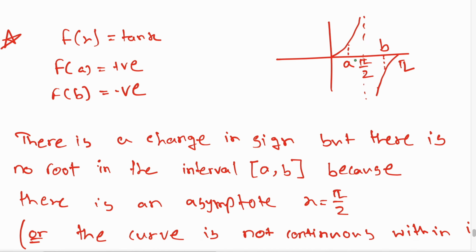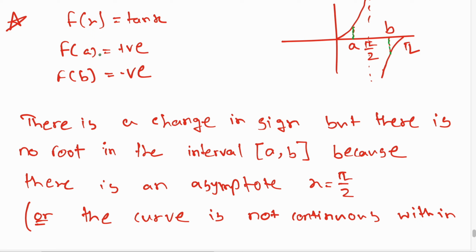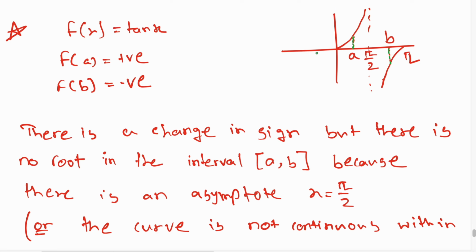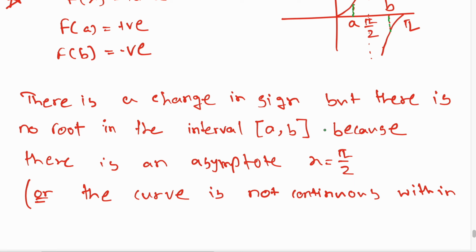Then the last one, for example, this is a curve of tan x and there is an asymptote at pi by 2. There is a point a and there is a point b, and if we find f of a is positive and f of b negative, but this is not the root. Why? As there is a change in sign, but there is no root in the interval. Why?